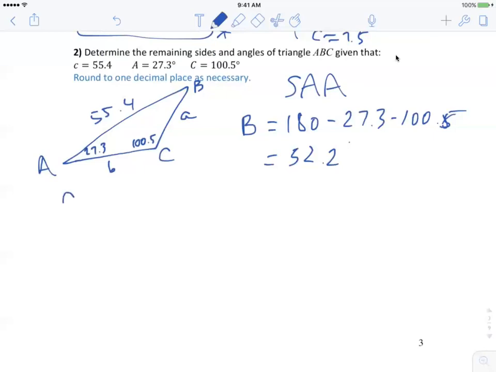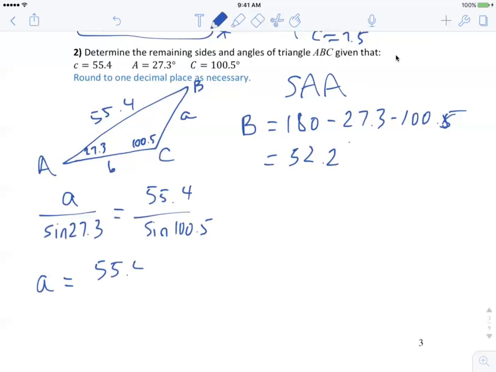So we have A over sine 27.3 is going to be 55.4 over the sine 100.5. Okay, so multiply both sides by sine 27.3. And there's my calculation.